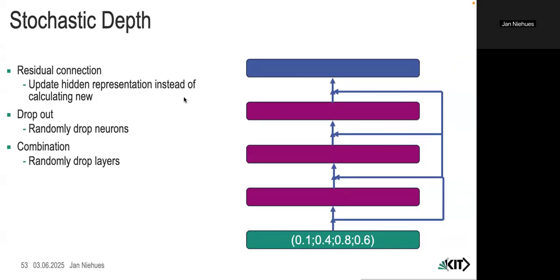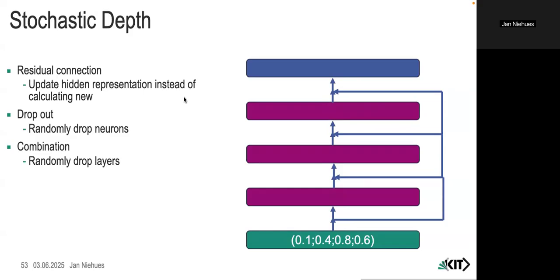A good thing is that when you learn what to change, a solution of changing nothing is at least somewhat reasonable. Before, without a residual connection, if you do nothing, you have a zero output. Now, if you do nothing, you have the same as the input. So doing nothing is more reasonable now.